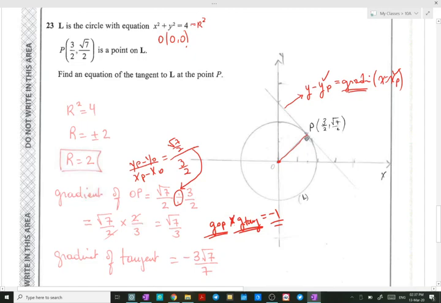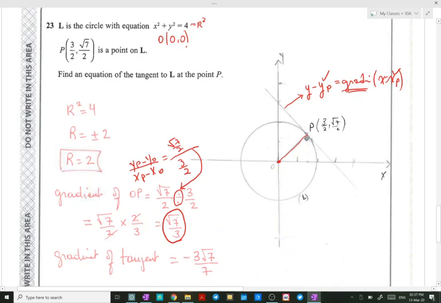Therefore, since we found the gradient of OP, you flip it and multiply it by minus, in order to satisfy this equation, and it would be minus 3 over square root 7. Square root 7 in the denominator you need to rationalize, so you multiply by square root 7 in the numerator and the denominator, and the answer would be minus 3 square root 7 over 7.